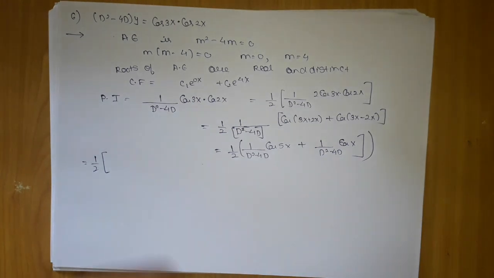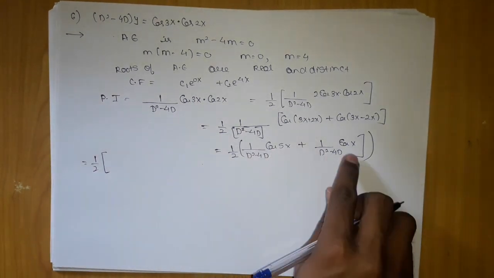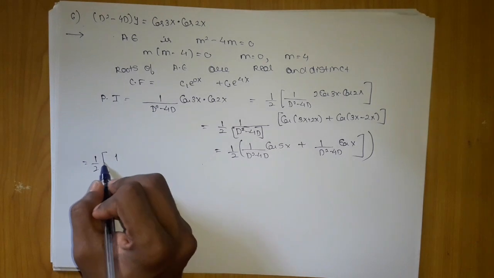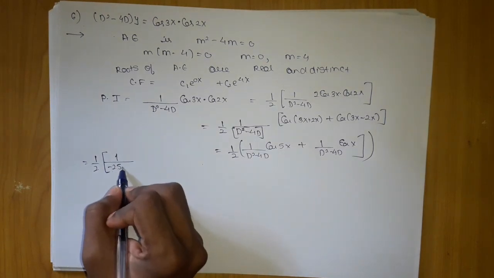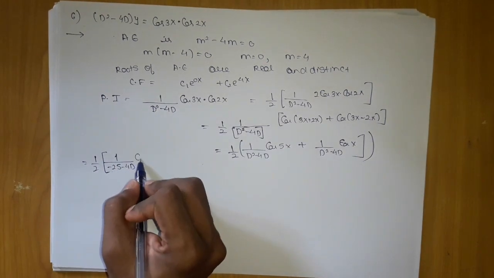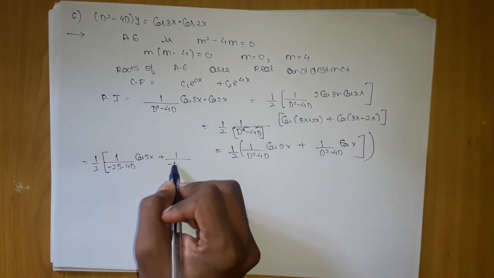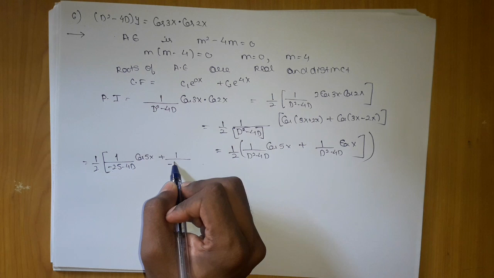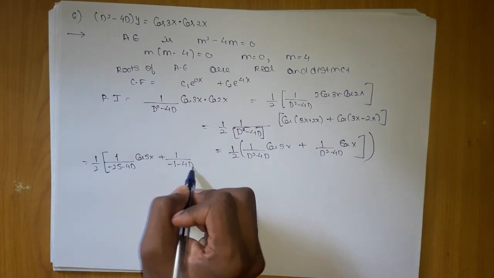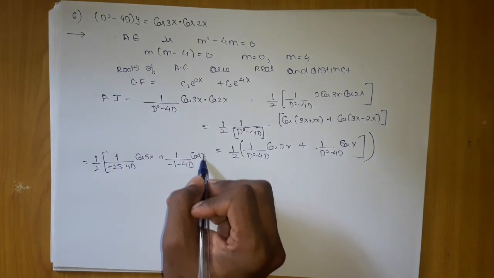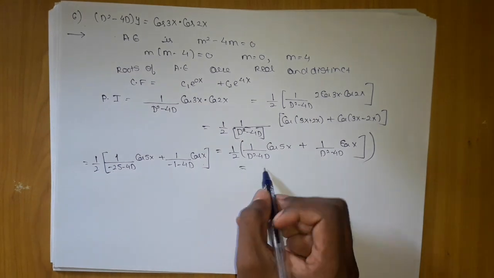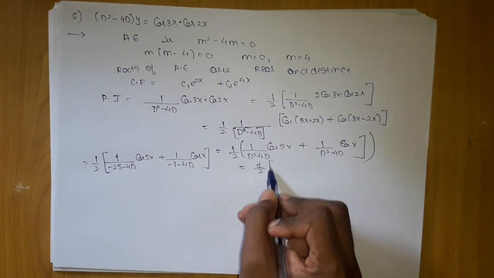Substitute d square by minus 5 square here, and here by minus 1 square. You are going to get minus 25 minus 4d into cos 5x plus 1 by minus 1 minus 4d into cos x, right? After this, 1 by 2 bracket close.